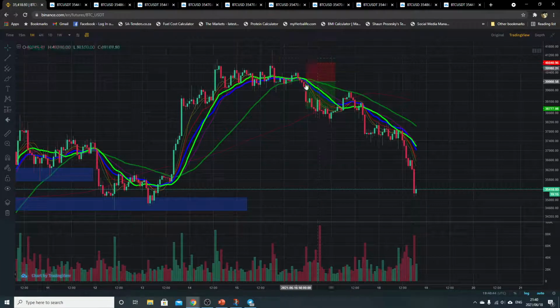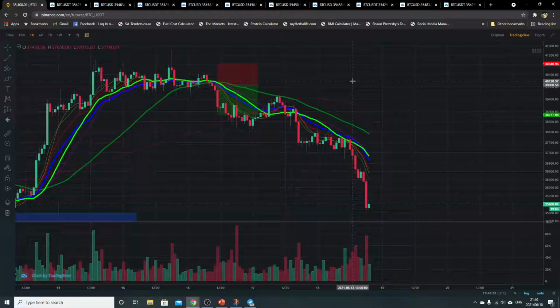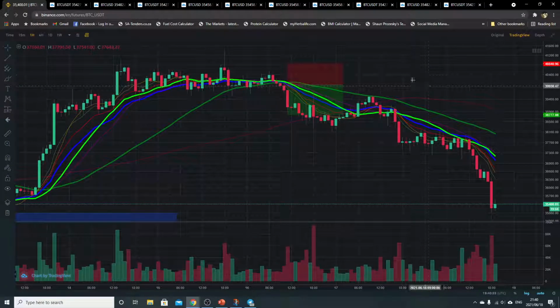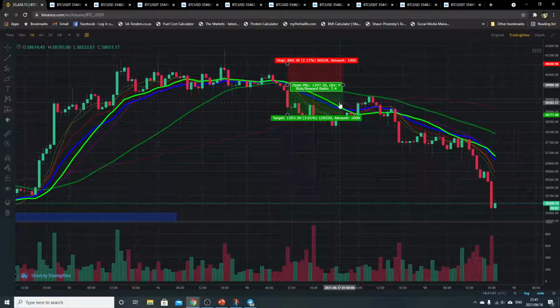Okay, so there was my entry point, around 39,398, give or take. My stop loss was just above that side there, and I had a 1-to-4 ratio. Why did I have a 1-to-4 ratio?